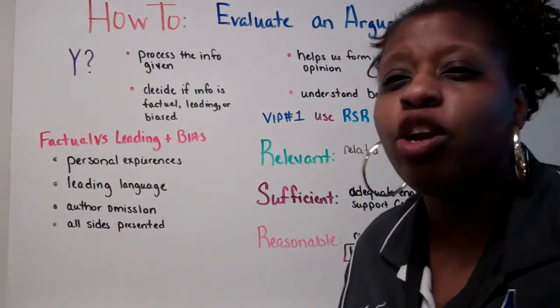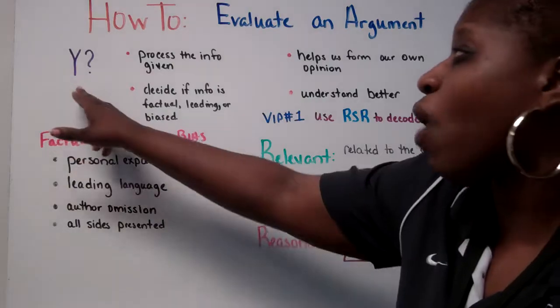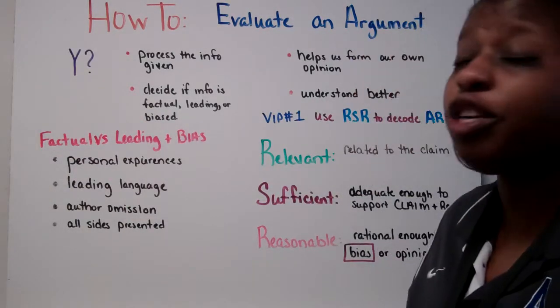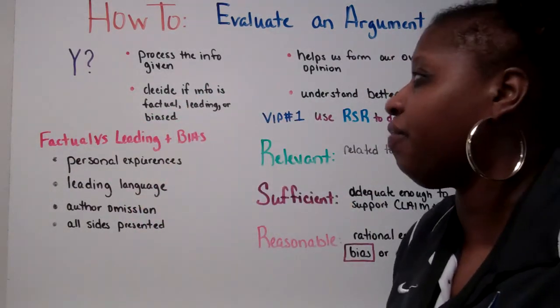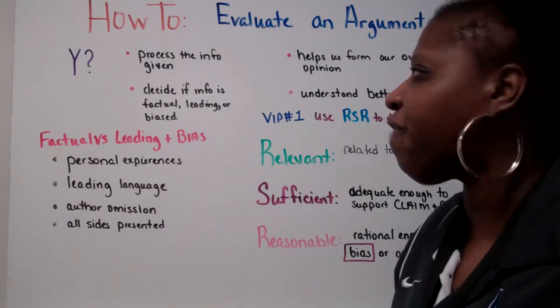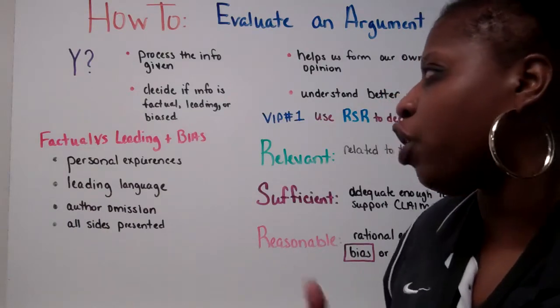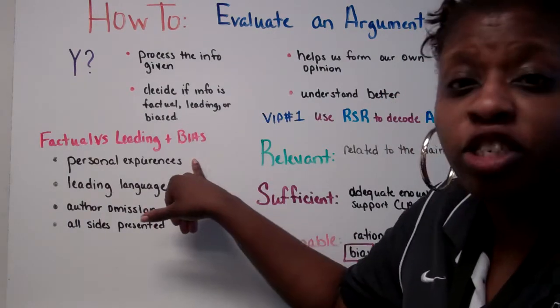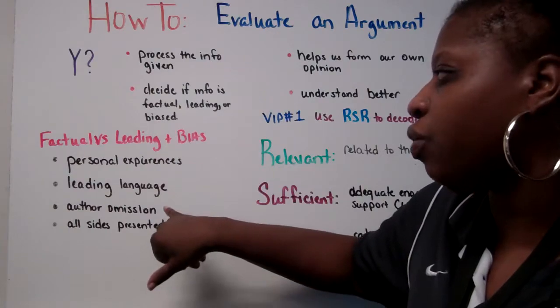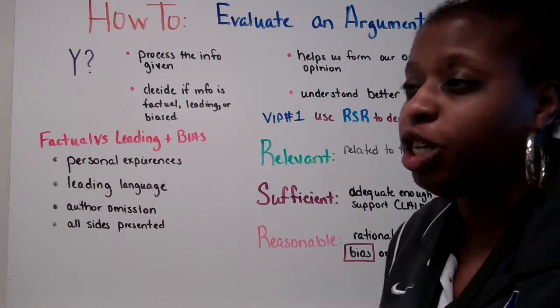So, how do we evaluate an argument? Why do we want to evaluate it first? Well, the first reason is we want to process the info given. We want to decide if the info is factual, leading, or biased. So what does that mean, factual versus leading? We're talking about personal experiences, leading language, author omission, and then all sides presented.